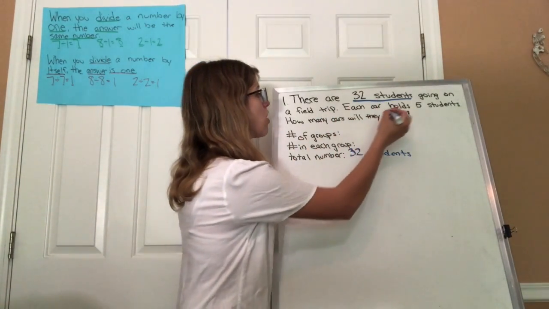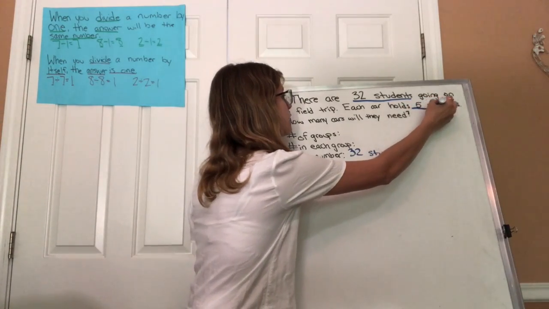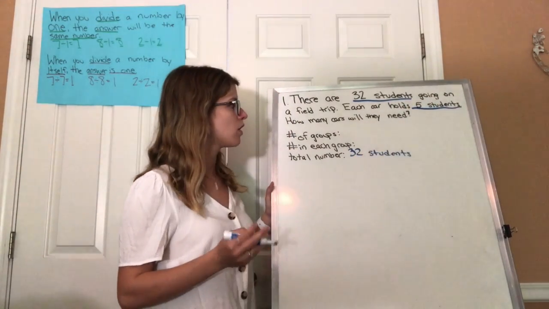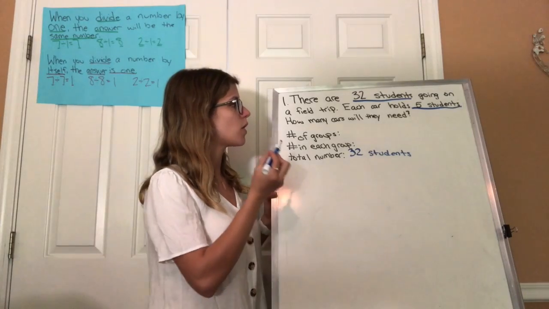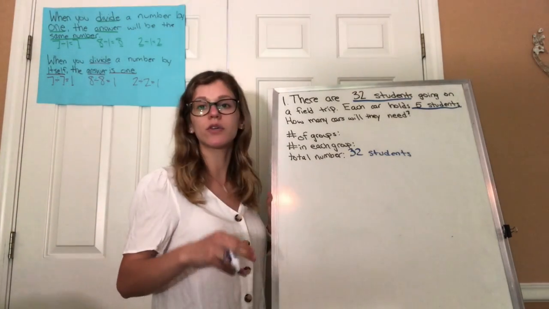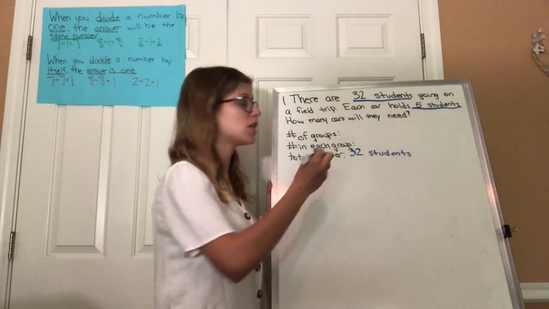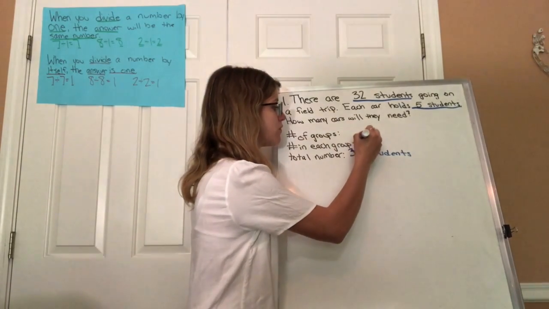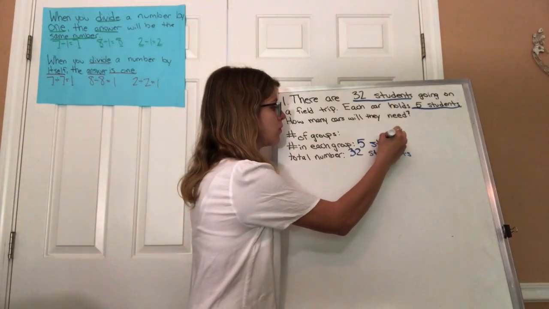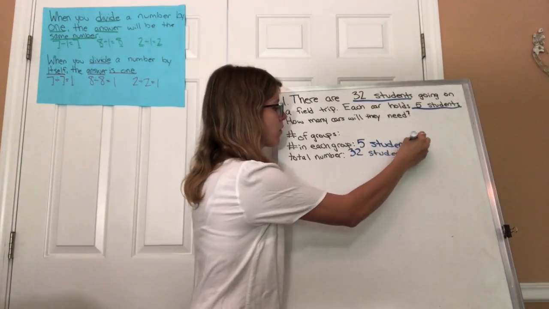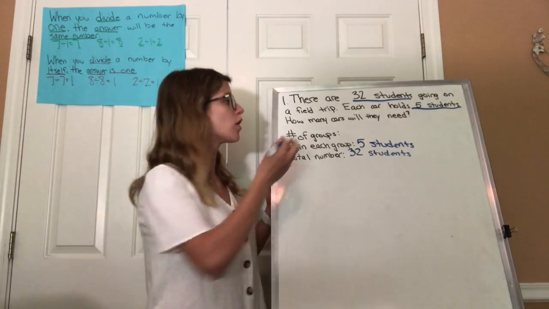So it says each car holds 5 students. How many cars will they need? I know that each car holds 5 students, so each group or each car will have 5 students in each. So the number in each group is 5 students. And my number of groups is what I'm trying to figure out.